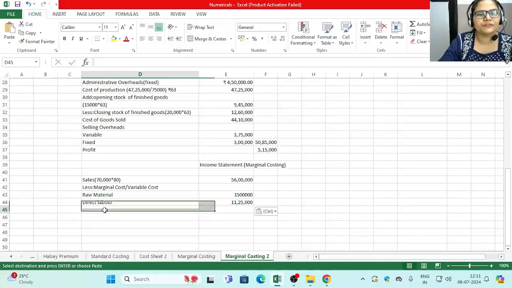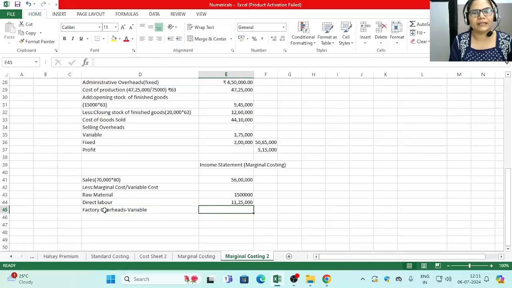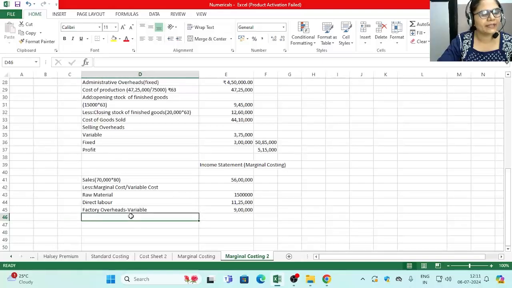Now next is factory overheads. Factory overheads, we will first take variable, that is 9 lakh. Next is, we know this 9 lakh.